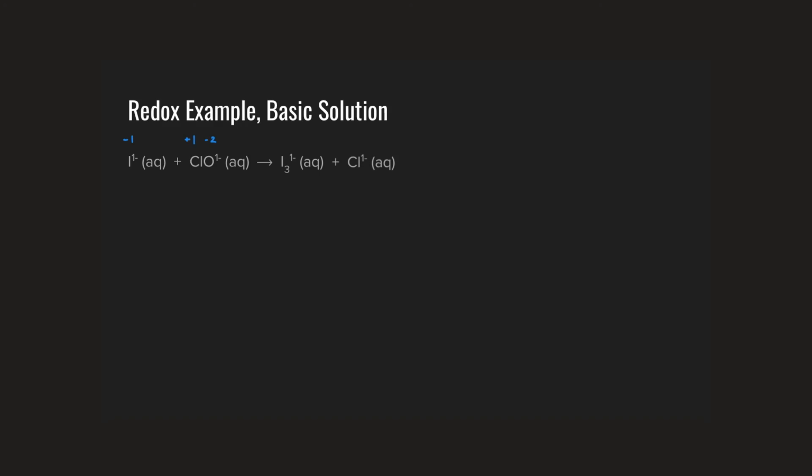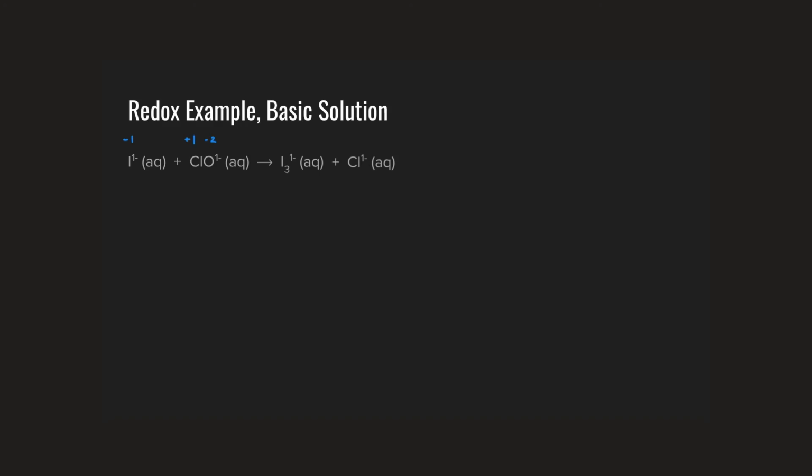We have the triiodide ion, I3 -1. And remember, our rule said that the sum of the oxidation states of all of the atoms present in a species must equal the overall charge on that species.